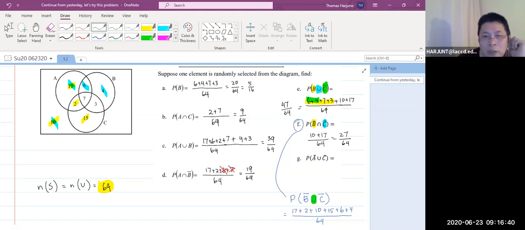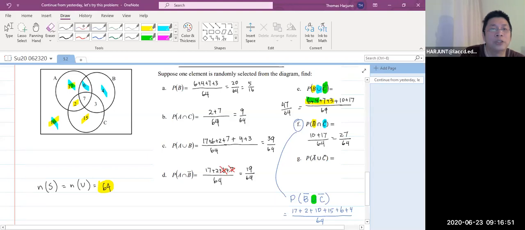For union, it just needs to satisfy one requirement, so once it has a color, you count it in. Now let's apply that to part G. Not A, outside of A, that's not A, or not C.